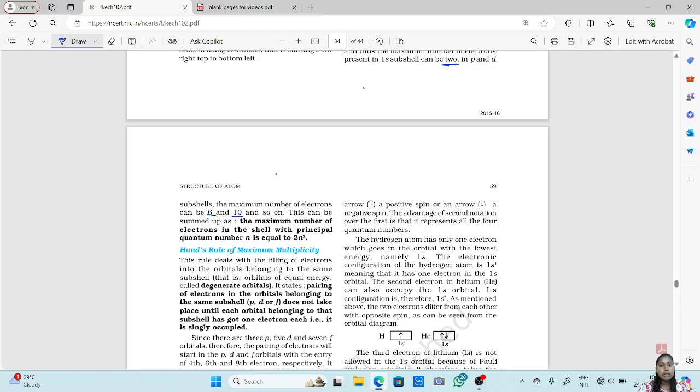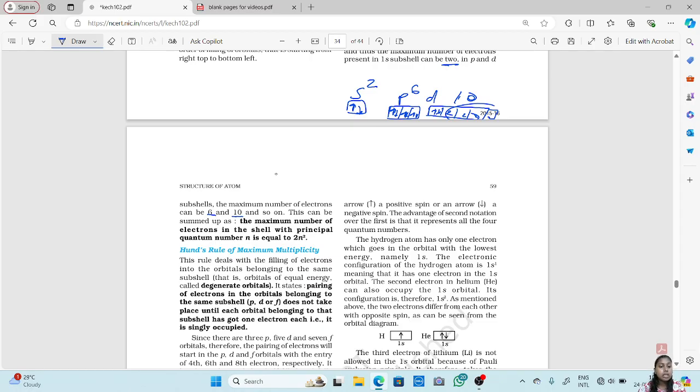S, P and D. S can take 2 electrons, whereas P can take 6 electrons, 2 in each of its three orbitals, so you can have 6 electrons. D has 5 orbitals, 2 in each, so you get a total of 10 electrons in D, 6 electrons in P and 2 electrons in S, and so on.